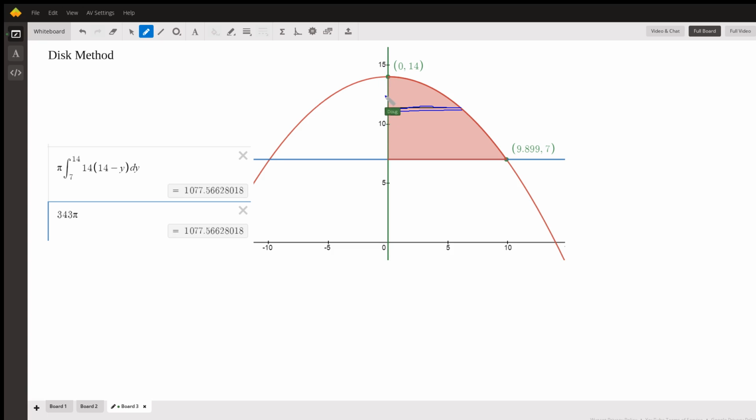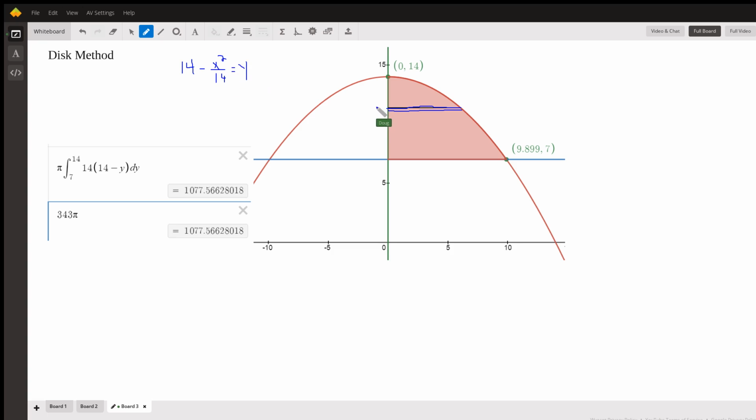We're not using the washer method because there's no hole in the middle. Question is, what is that distance right there in terms of y? We have to solve that original function, 14 minus x squared over 14 equals y. We'd have to solve that for x.